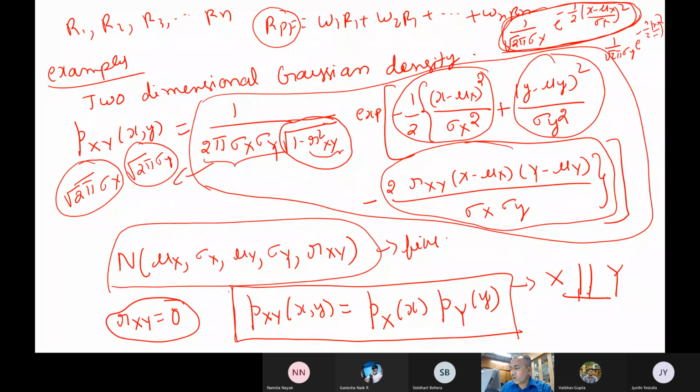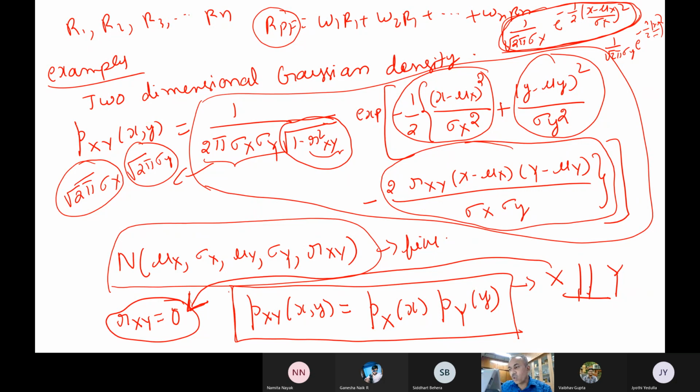So for a two-dimensional Gaussian process, independence depends on the correlation Rxy. This is a very important property of the two-dimensional Gaussian density. If X and Y are uncorrelated, then automatically the random variables will be independent, because the probability density function can be written as a product of the individual densities.